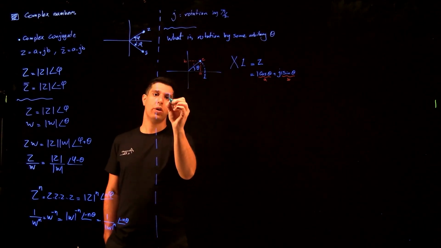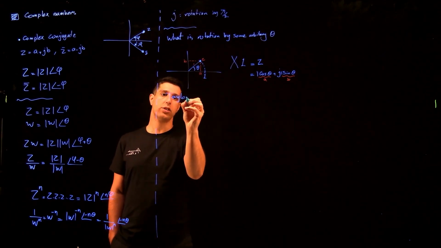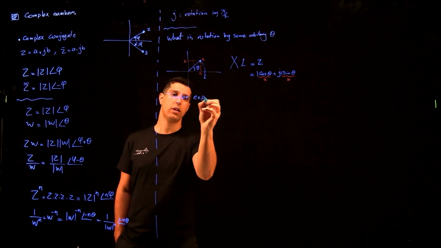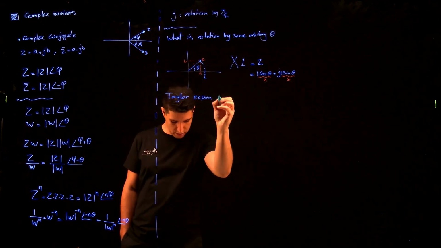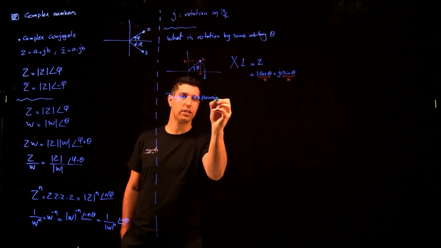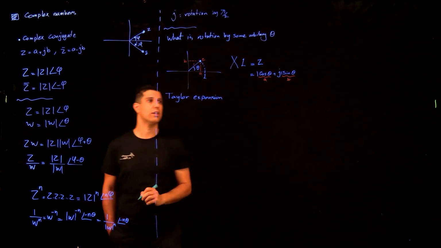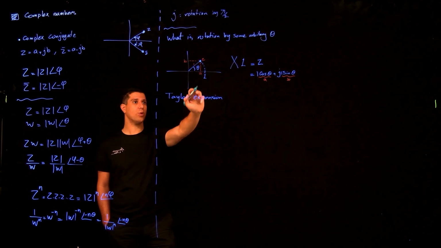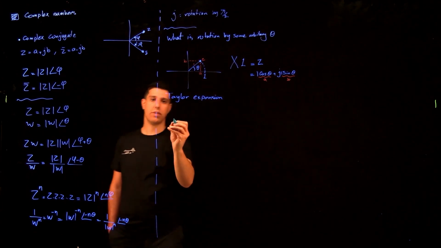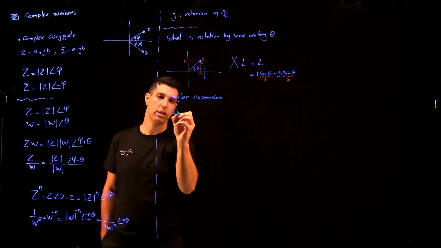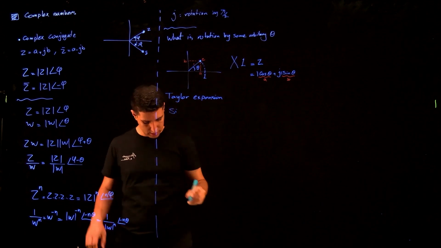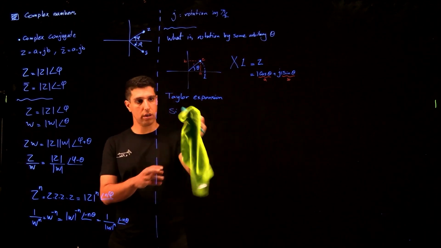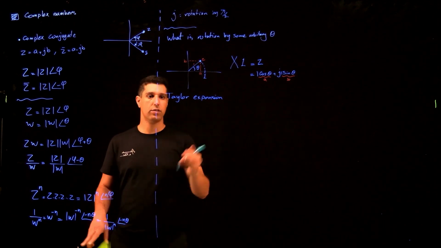Let's do Taylor expansion. Yes, Taylor expansion of this number. I need Taylor expansion of cosine of theta and sine of theta. So if you remember, maybe let's start with cosine. Respect the order.